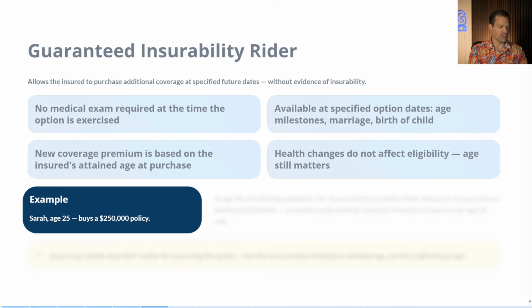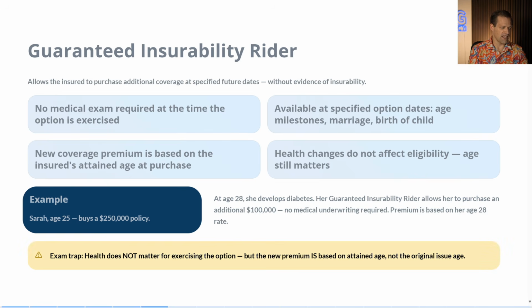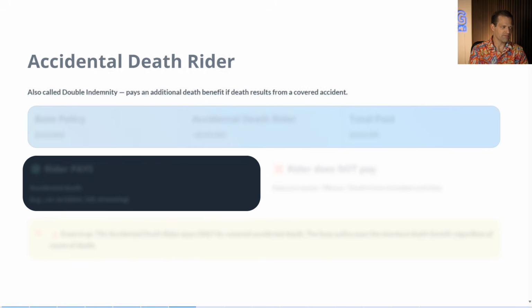So Sarah, at age 25, buys a $250,000 policy, then gets diabetes at 28, but her guaranteed insurability rider allows her to purchase an additional $100,000 with no medical exam or underwriting required. And the premium is based on her age-28 rate. So exam trap here: health does not matter for exercising this option, but the new premium is based on the age attained, not the original issue age.